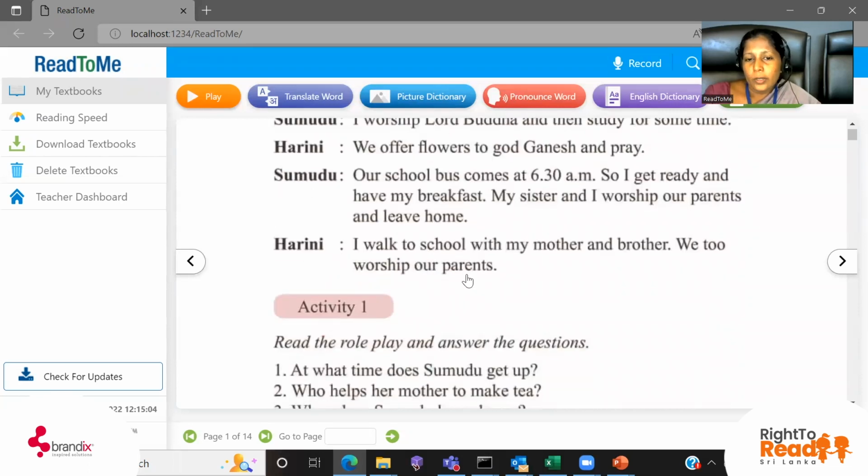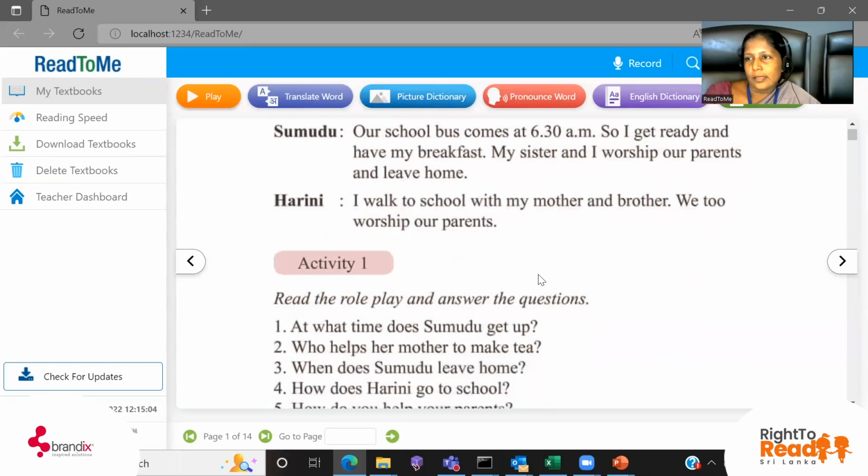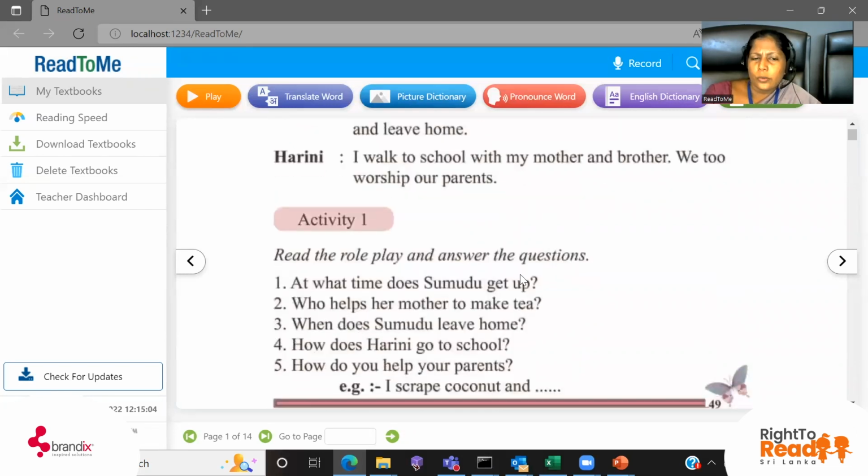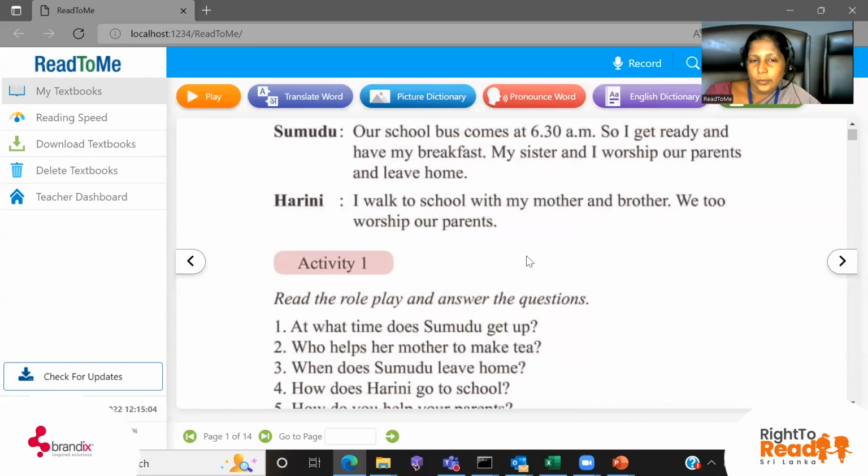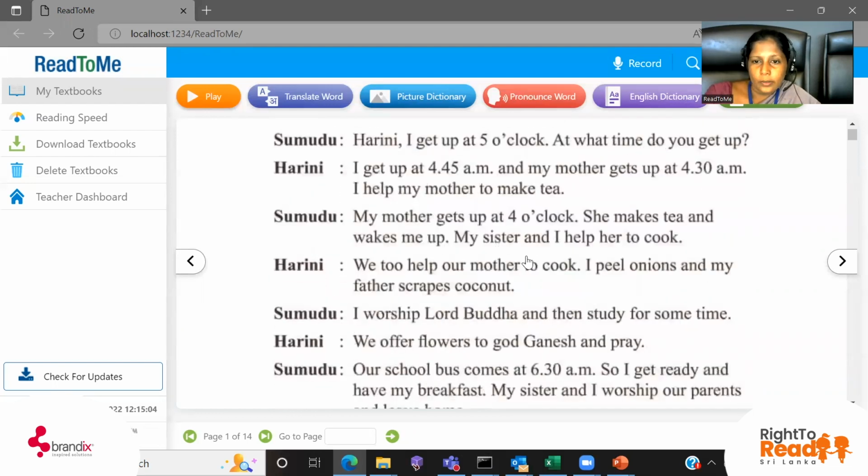So now I'm moving to activity number 1. What is it? Read the role play and answer the questions. So there are a few questions. Okay, moving on to these questions. What is the first one? At what time does Sumudu get up? Yes, we'll go through the text and see.